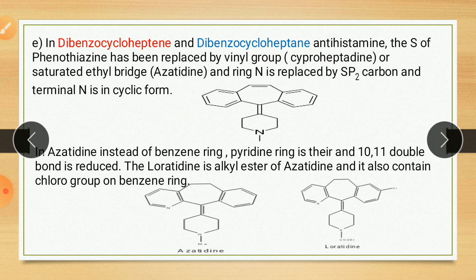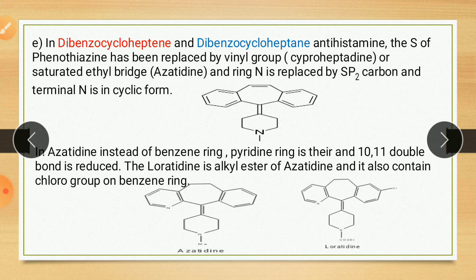So if we compare with the phenothiazine structure, there are 3 changes. First change, when we replace the sulfur of the phenothiazine ring with a vinyl group, the example is cyproheptadine, or with a saturated ethyl bridge, that is azatadine. Second, the nitrogen is replaced by an sp2 carbon. In phenothiazine, nitrogen is there, but here it is replaced by sp2 carbon.